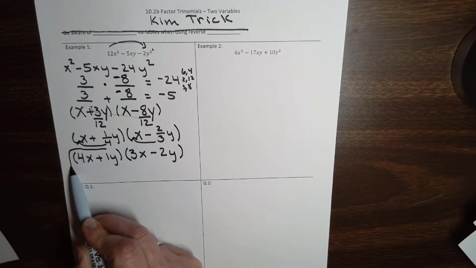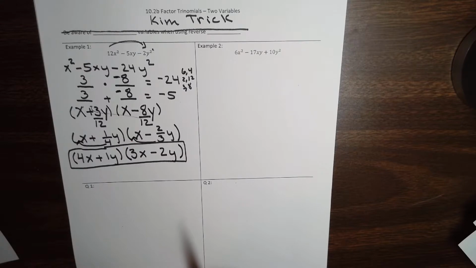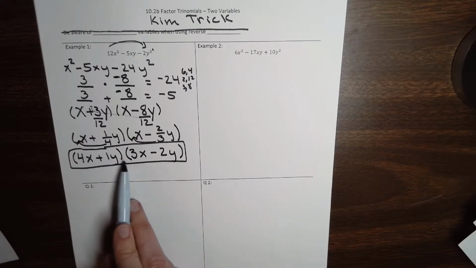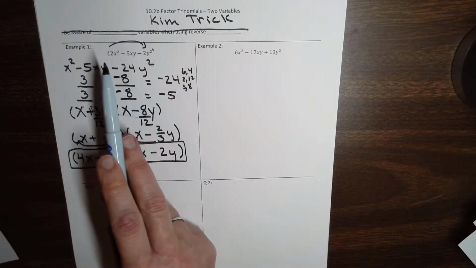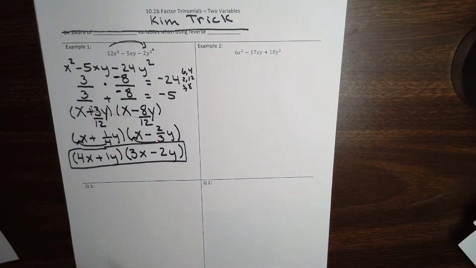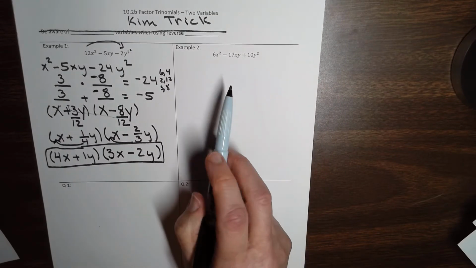And these would be the factors of that trinomial. Of course, you can always check by foiling to see if you get back the same trinomial from the beginning. Okay, so let's practice the Kim trick with the second example.